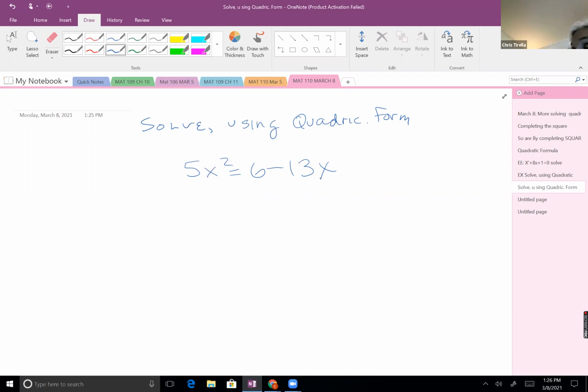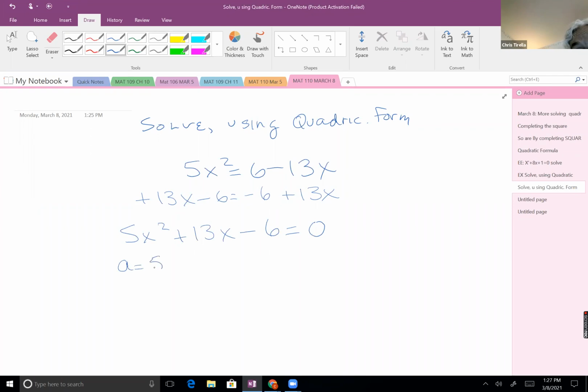First, we need to get it in descending order with one side 0. So I'm going to subtract the 6 and add the 13x to both sides, giving me 5x squared plus 13x minus 6 equals 0.